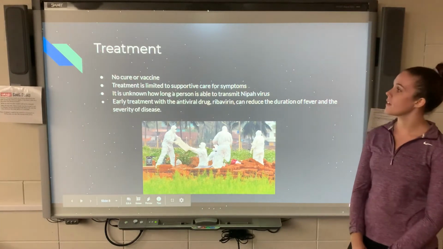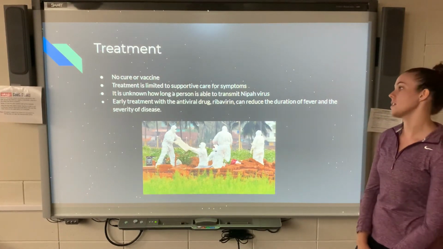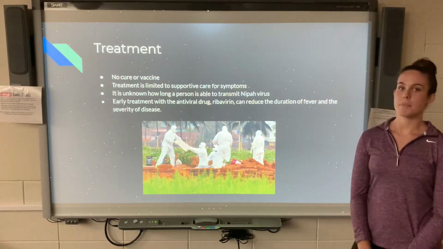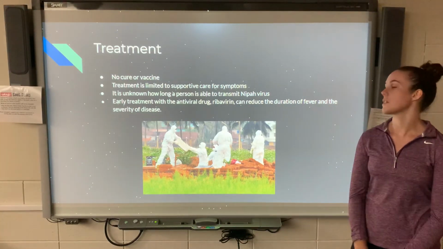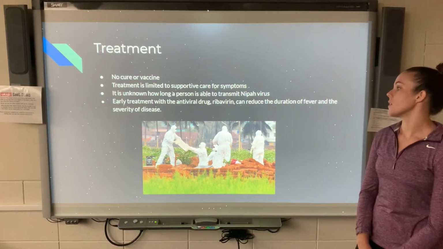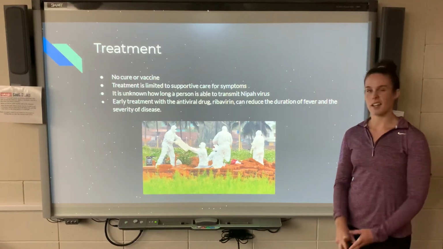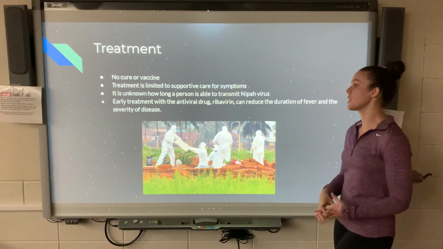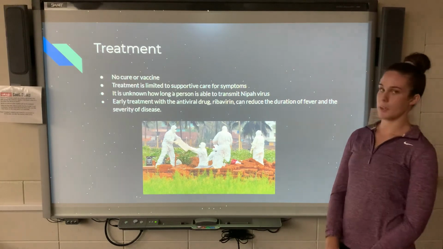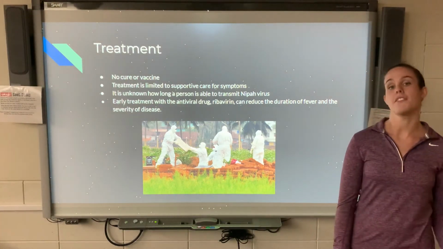So the treatment: there is no cure or vaccine for the Nipah virus. Treatment is pretty much limited to supportive care for the symptoms. Again, because the virus is kind of few and far between, it is unknown how long a person is able to transmit the virus after they've been infected and recovered.